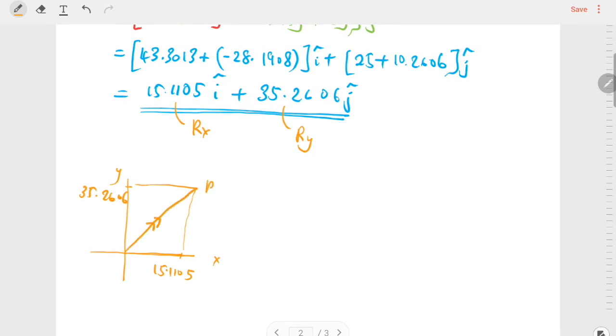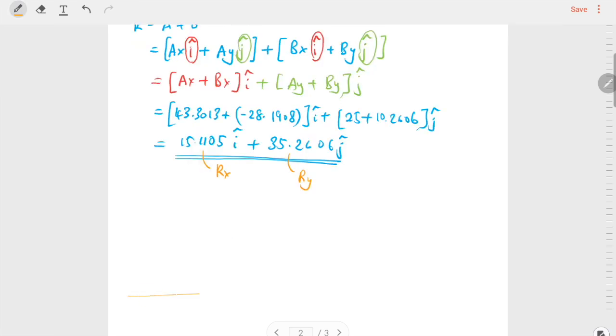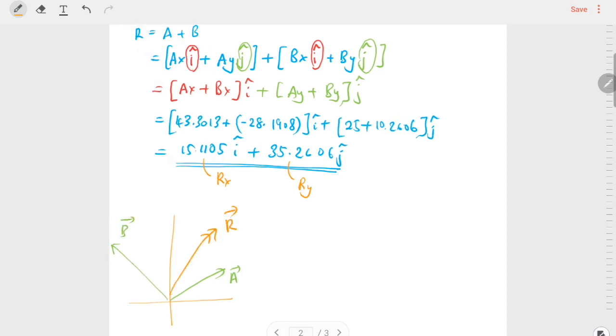So the resultant vector would look something like this. It makes sense because if A is in this direction and B is in this direction, the resultant R would be somewhere in between those two vectors.